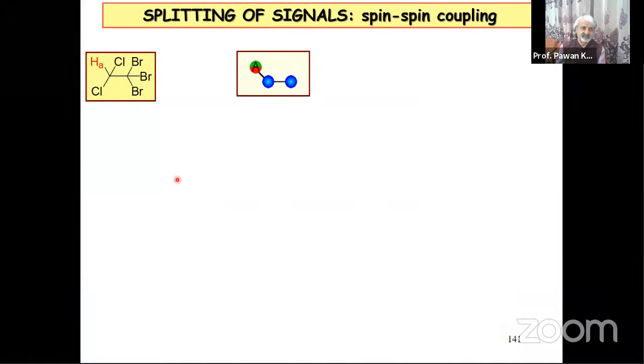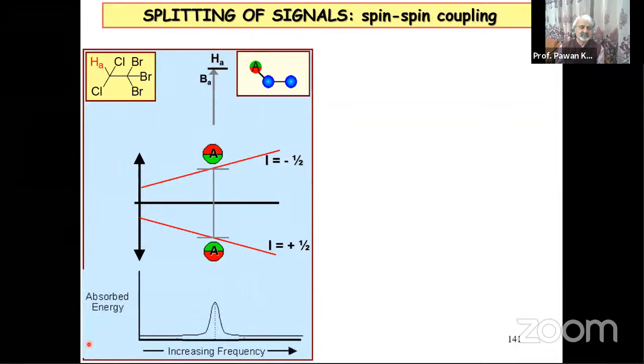Let us say that I have this different kind of compound. The only purpose of showing this compound is that there is only one proton here, HA. So if there is only one proton here, what would happen? There would be the applied magnetic field, then there would be an induced magnetic field due to the circulating electrons. So the B effective is represented here as BA.